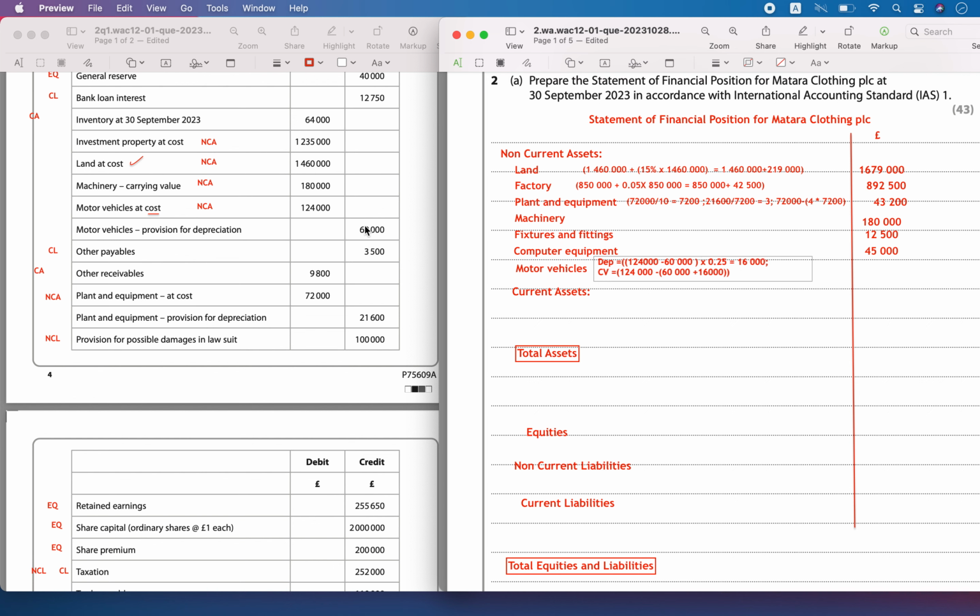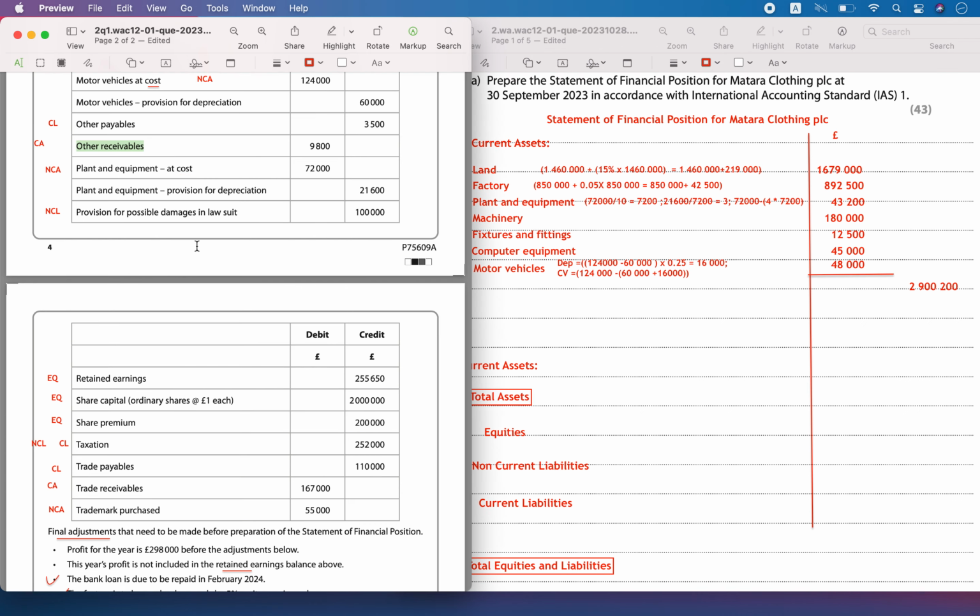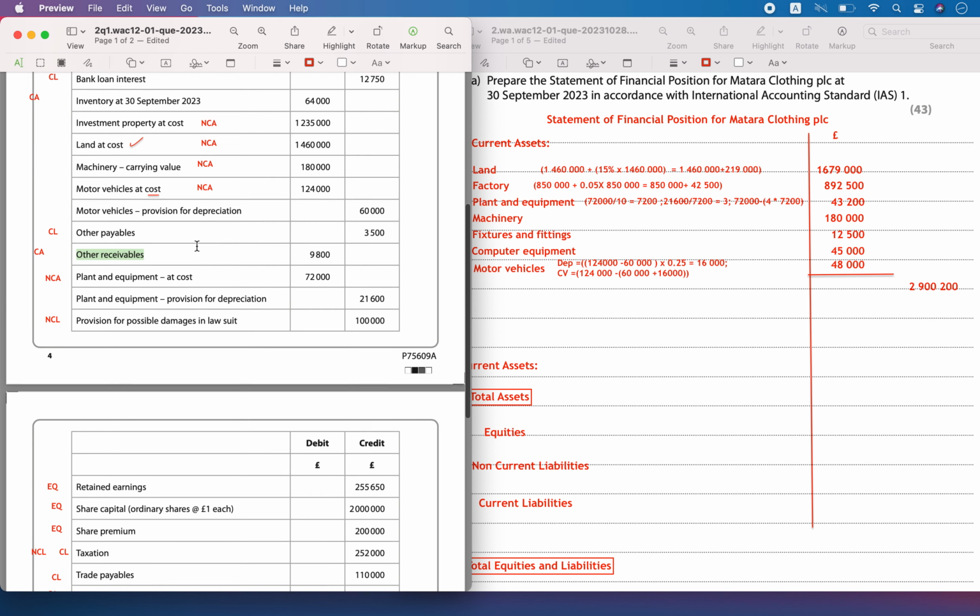Now you add it up with the total to form total accumulated depreciation, and cost minus total accumulated depreciation is the carrying value of the motor vehicles, which is equal to 48,000.